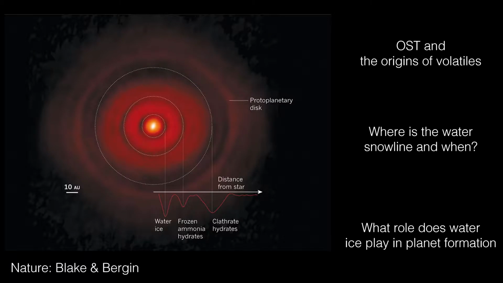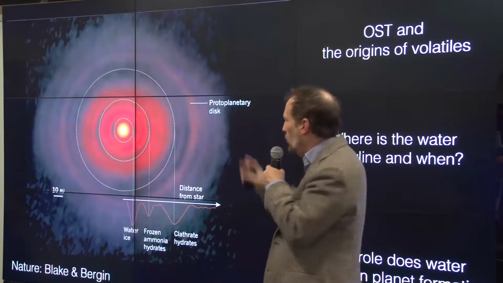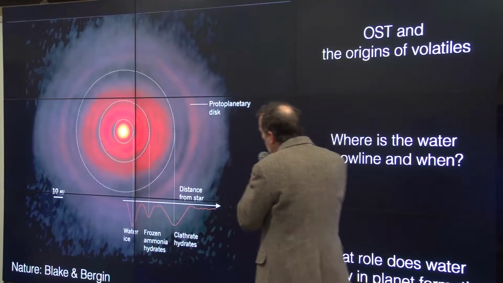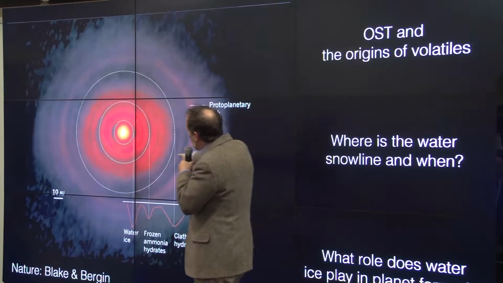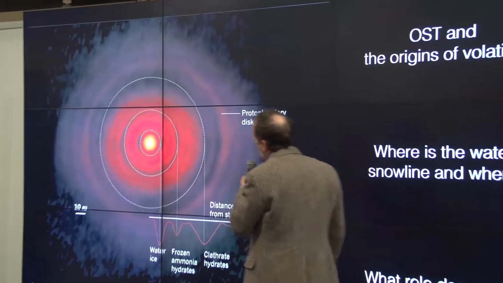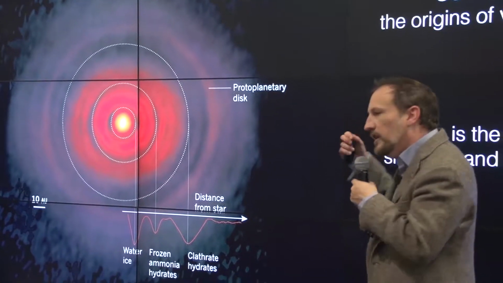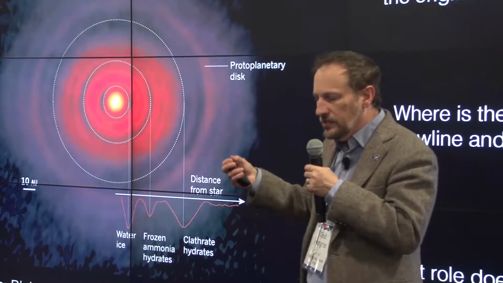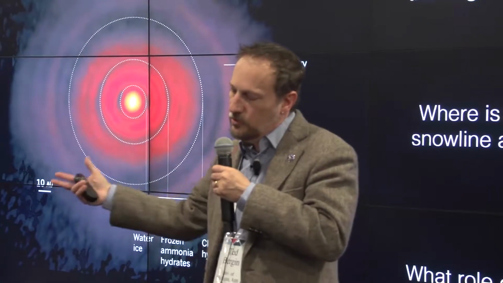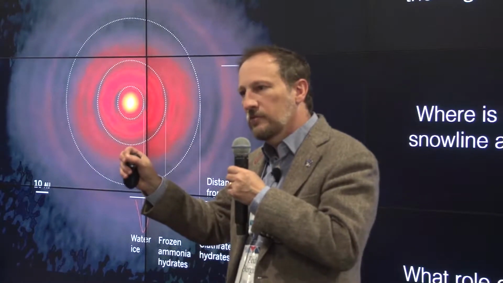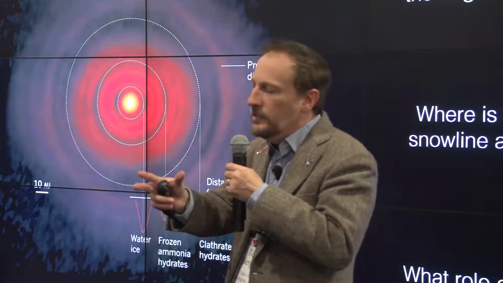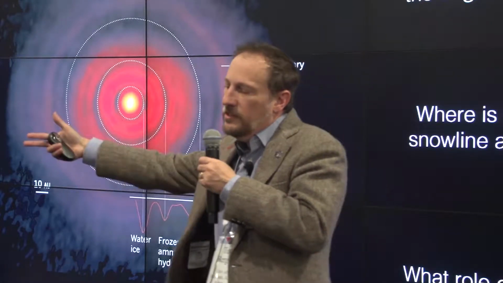Now this is the same view of that HL Tau disk, but this time shown edge on in a different projection. And one of the things you notice in the disk are these dark lanes. There are theories about how planets first begin. One idea is that when you get beyond what's called the water ice line, which is an evaporation front, the water is ice at one point, and then it gets above 200 K and the ice evaporates.